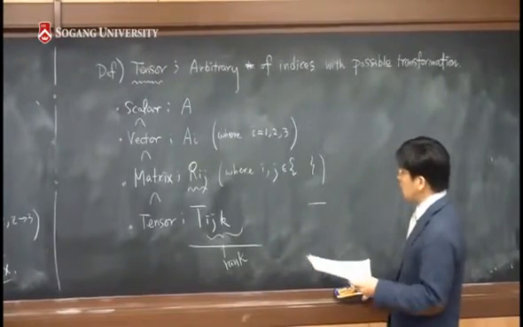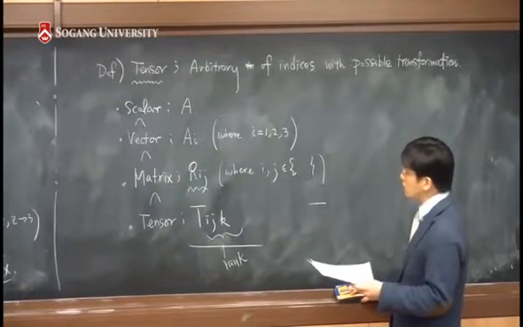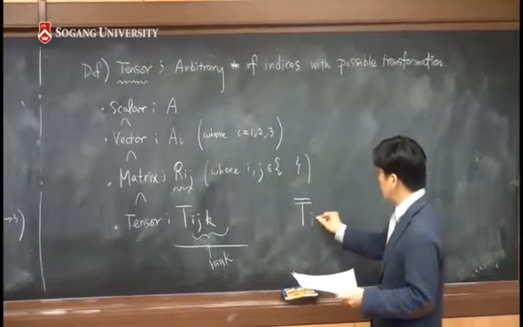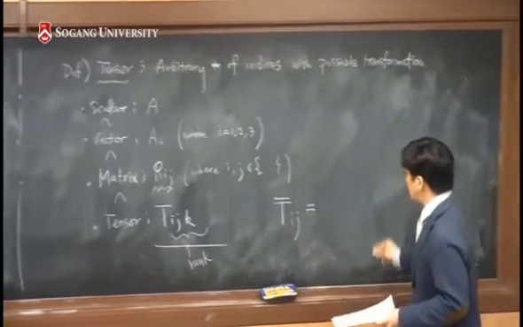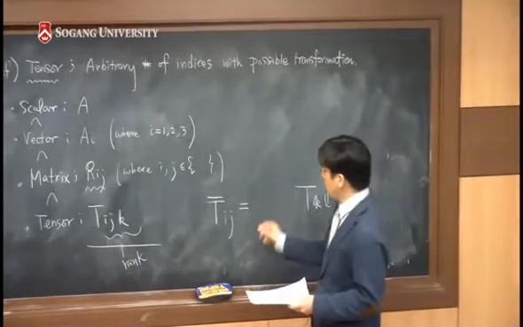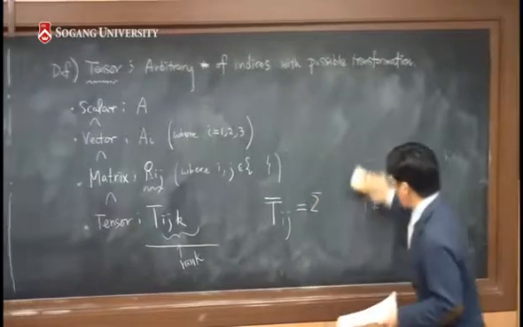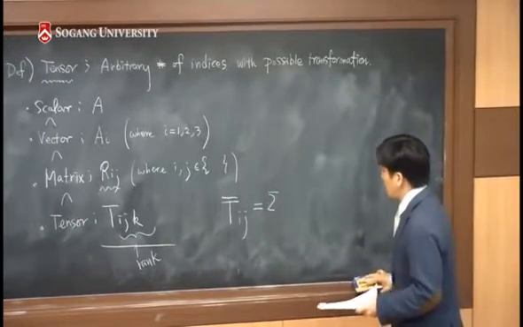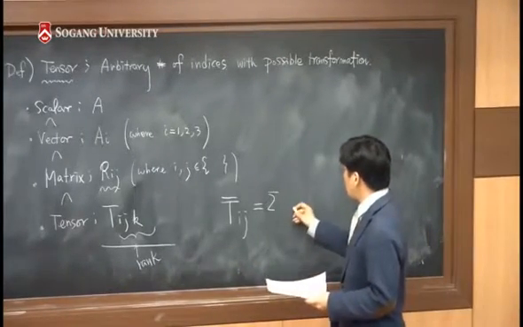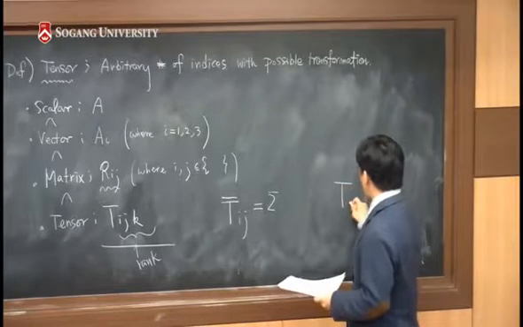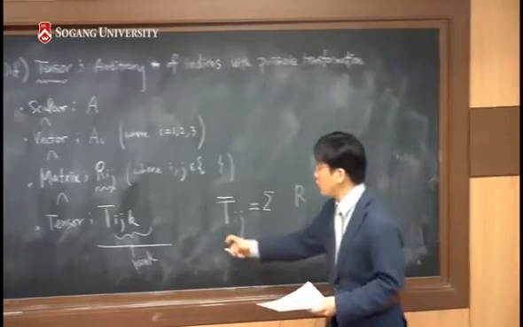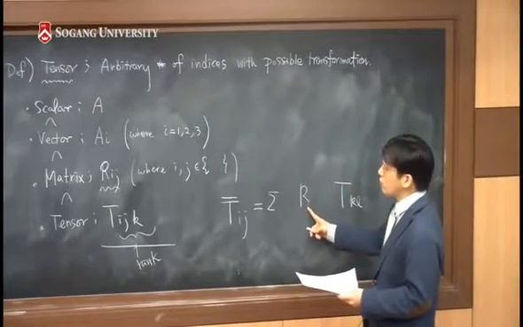So what a tensor usually does is also subject to a transformation rule. So let's say there is a tensor with two indexes, it can be transformed from one to the other, and it can be given by using a transformation rule. Let's say if there is a K and L, then this tensor can also be transformed into a different tensor using a transformation tensor.